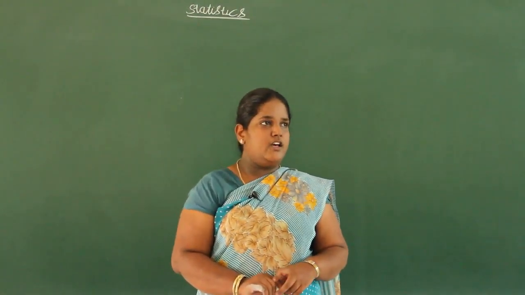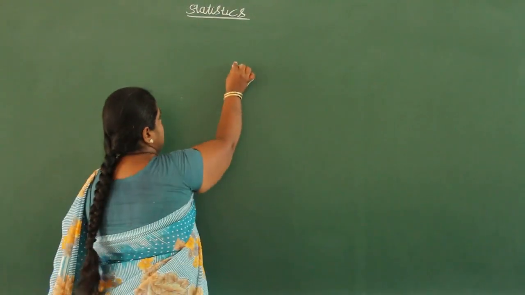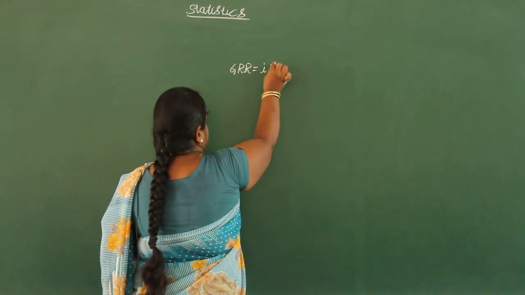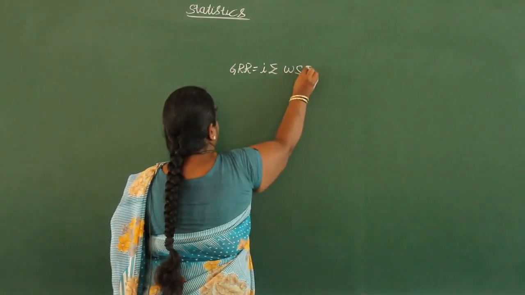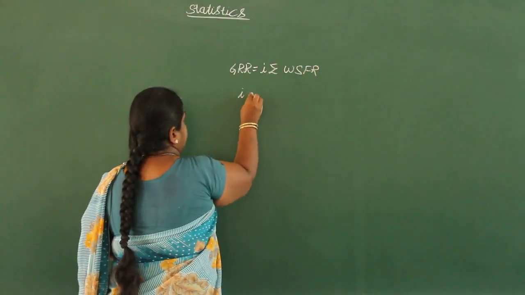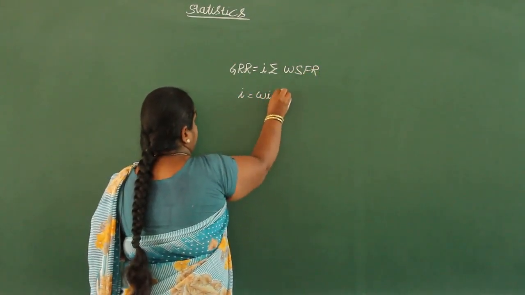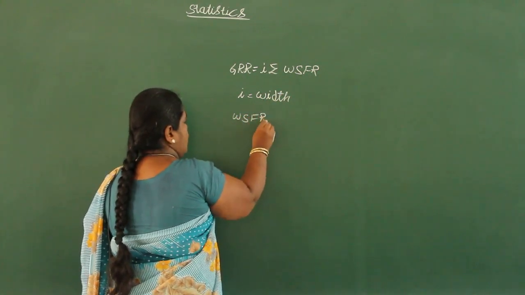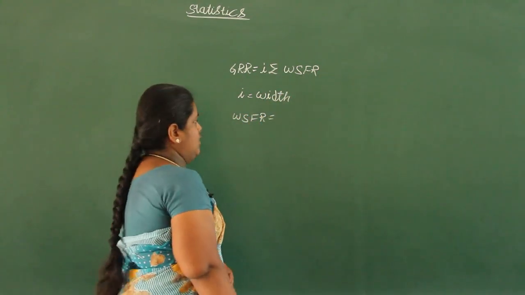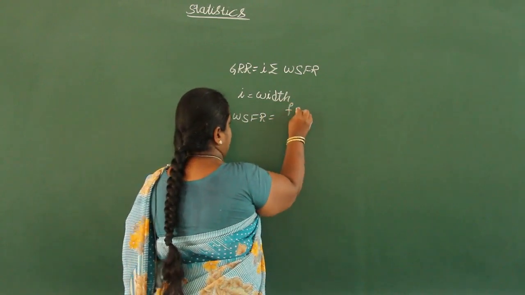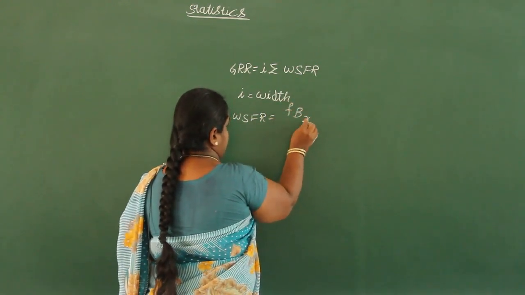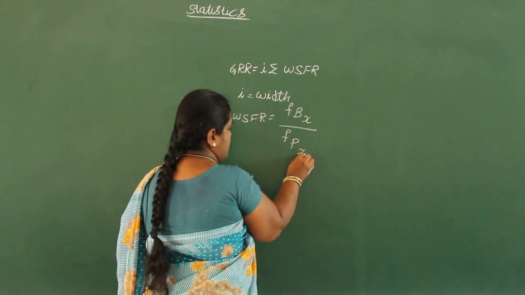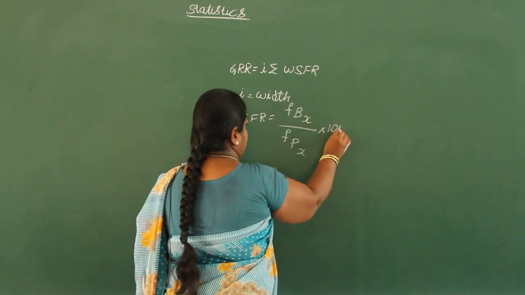Okay, GRR formula is I sigma WSFR, where I stands for width of the class interval and WSFR is women's specific fertility rate, given by female birth at time X divided by female population at time X into 1000.